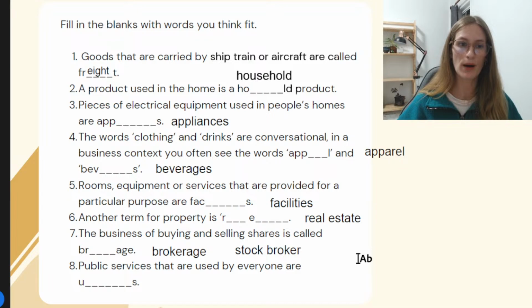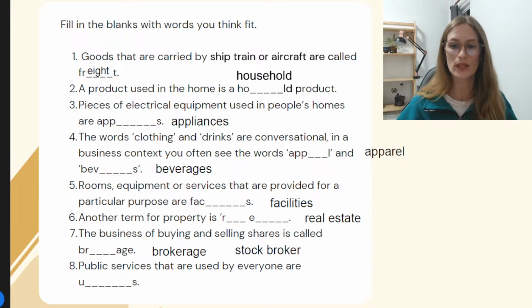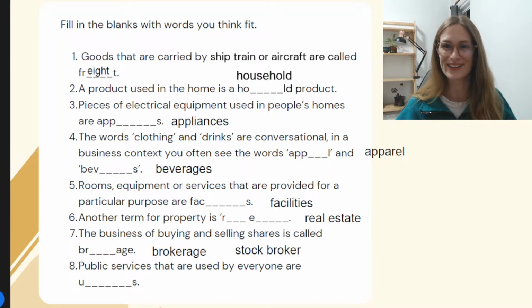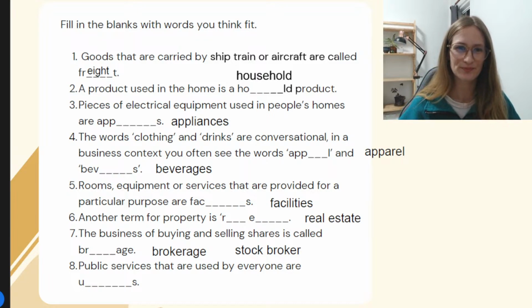And finally, public services that are used by everyone are... begins with a U. Miranda says, yeah, you did know it. Maybe you just forgot it for a second. Public services that are used by everyone are... So this refers to things like gas, electricity, water.